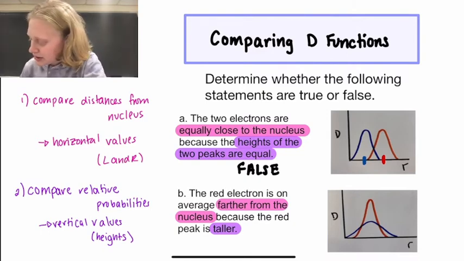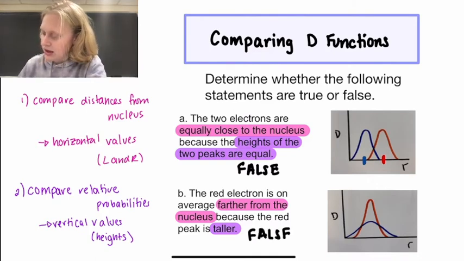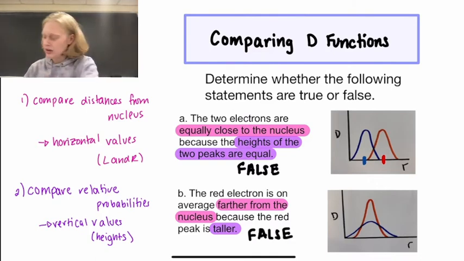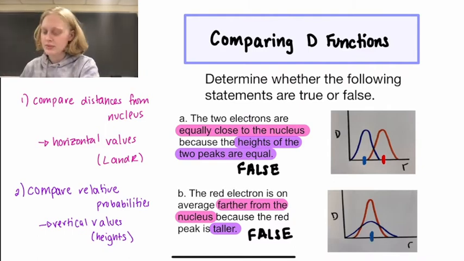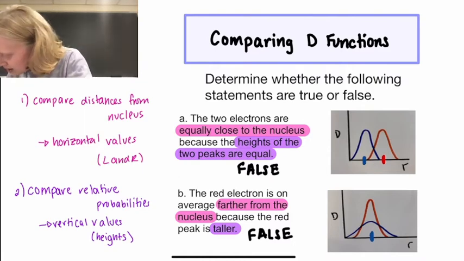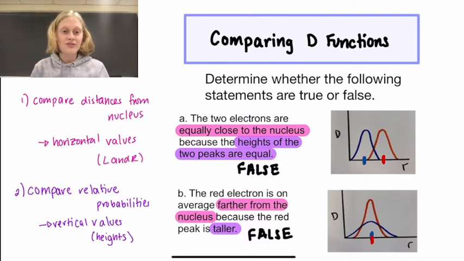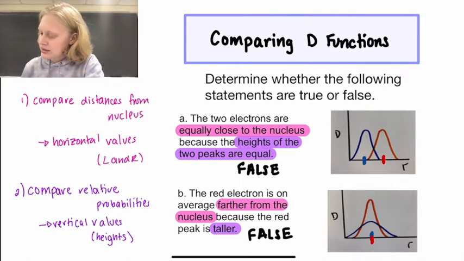So this one is going to be false. If we look at the blue function, it has an average value right here. And the red function also has an average value right here. So they actually have the same average value, meaning they are equally close to the nucleus. Let's keep going.